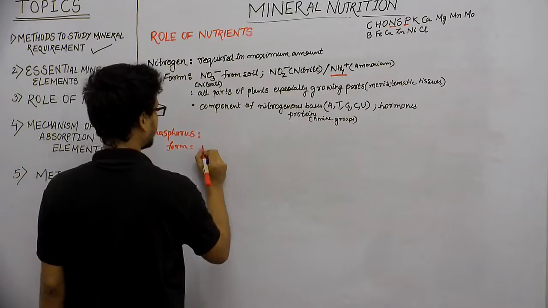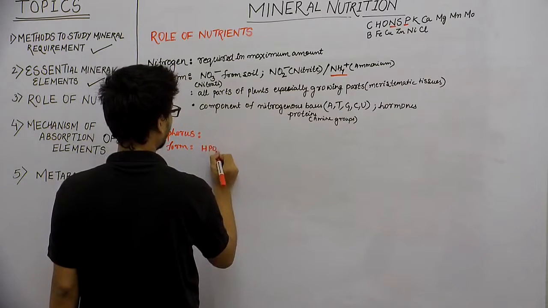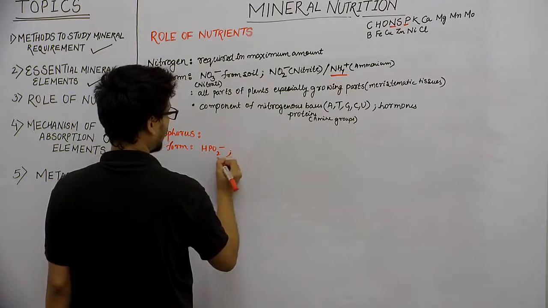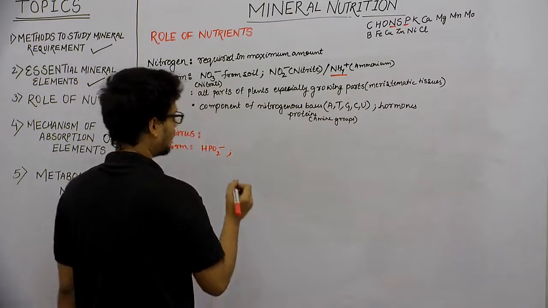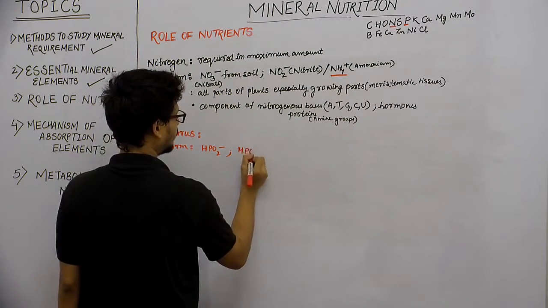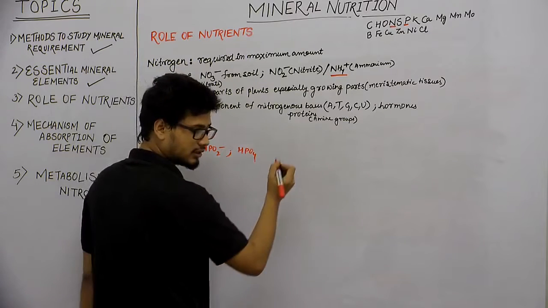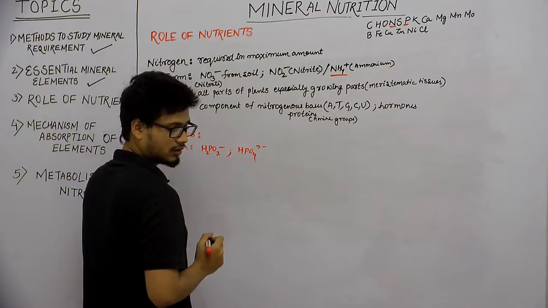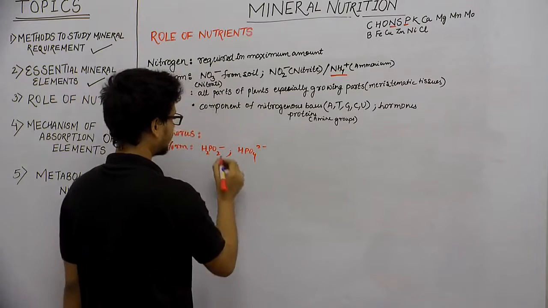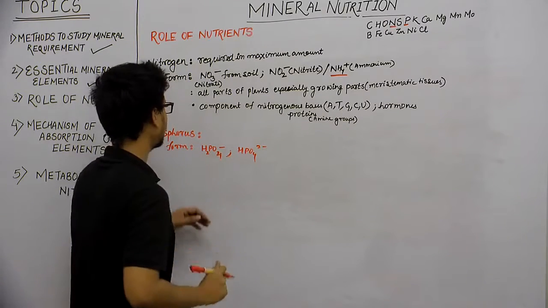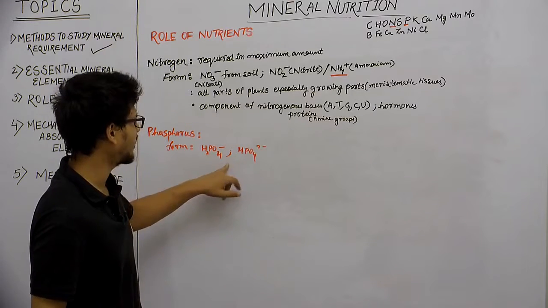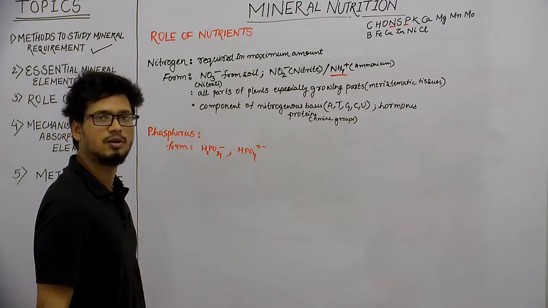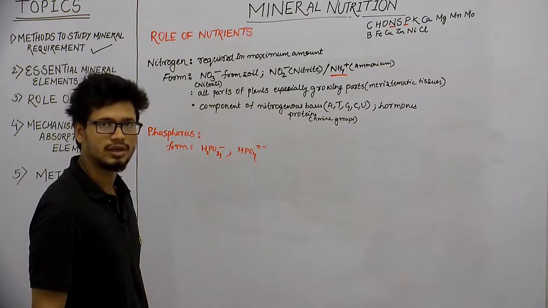Either it is absorbed in the form of H2PO4 minus, or it is also absorbed in the form of HPO4 2 minus. Both of these forms are present in the soil.